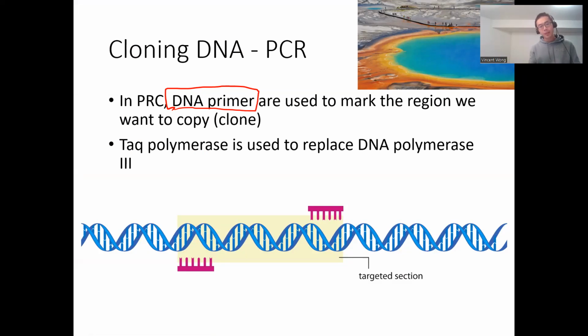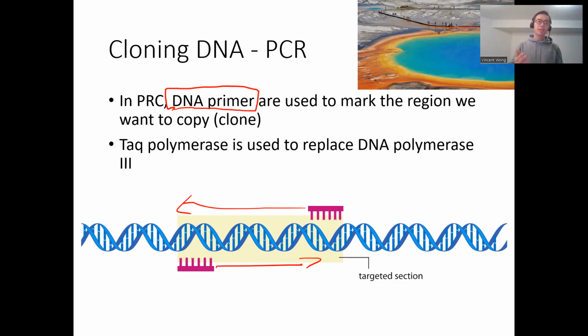So to build the DNA strand, you need to have polymerase. And again, back in DNA replication, we needed to use DNA polymerase 3. That was the one.